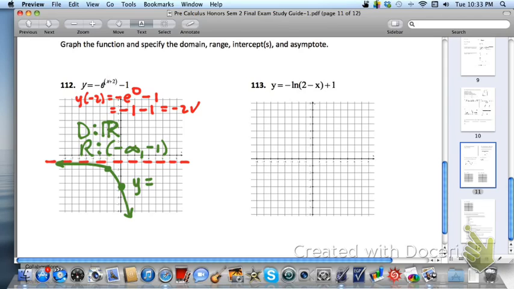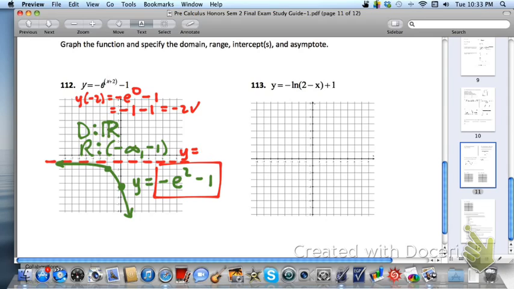So that's easy because we can just replace x with 0. We get negative e squared minus 1. I don't really care where that is. All I know is that that is my y-intercept right there. And then the asymptote, we saw what that is, and that is y equals negative 1.